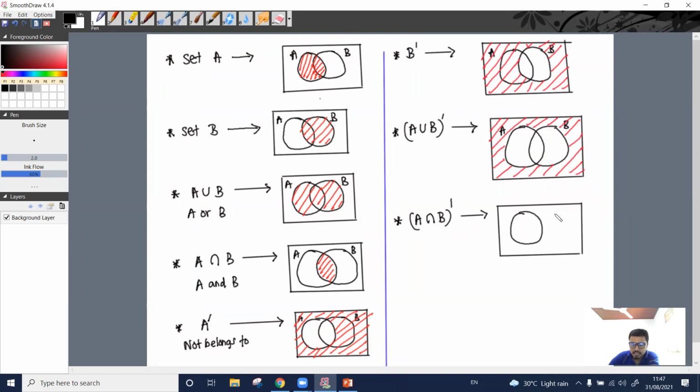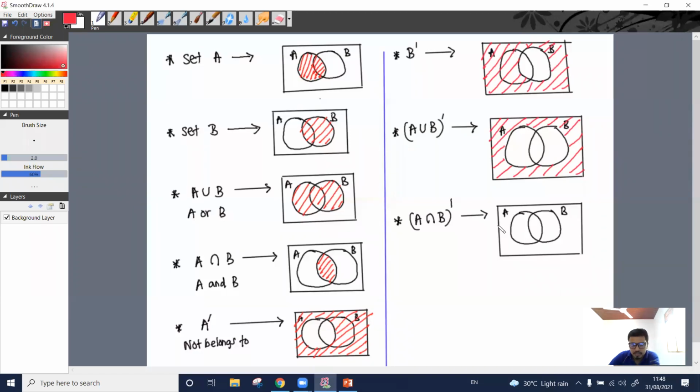This is A, this is B. How can we represent A intersection B dash? A intersection B means the area belongs to A and B, the area common to A and B. Dash means not belongs to. Not belongs to A and B.